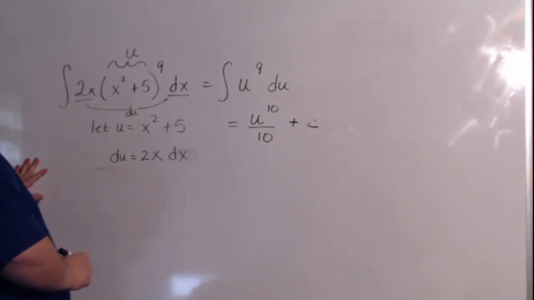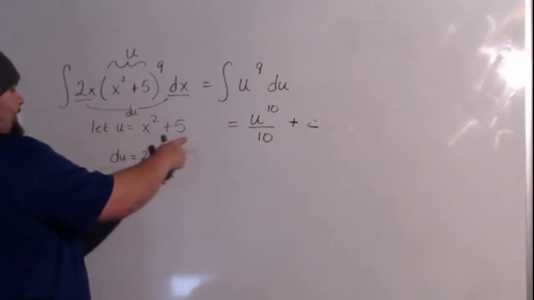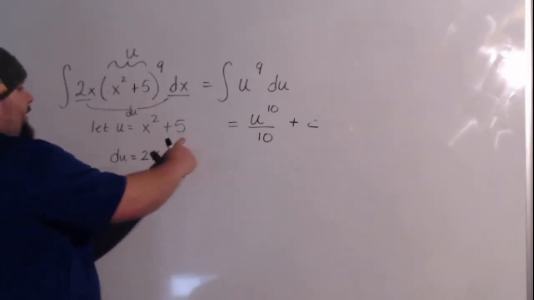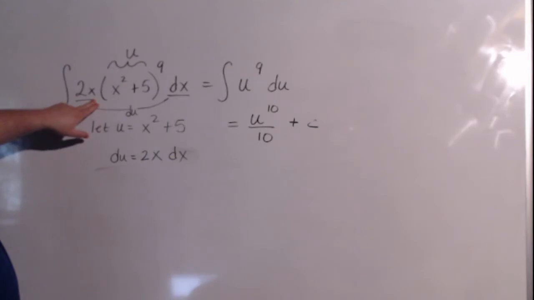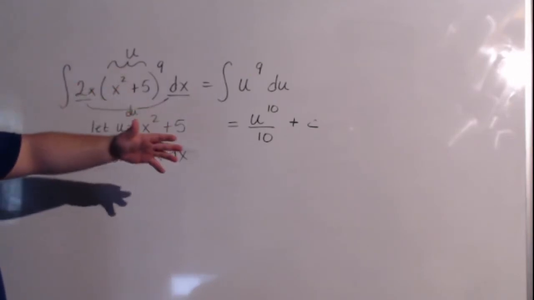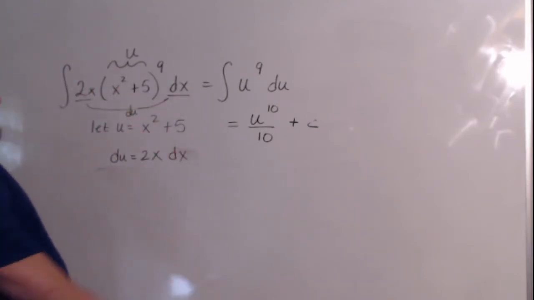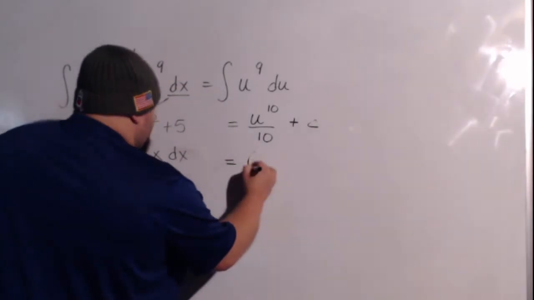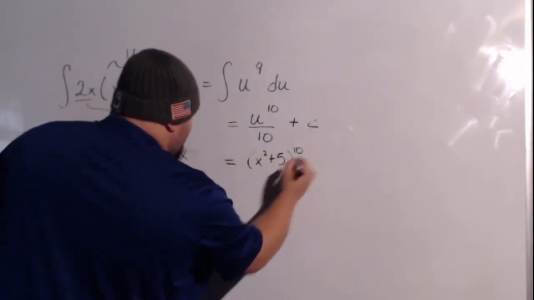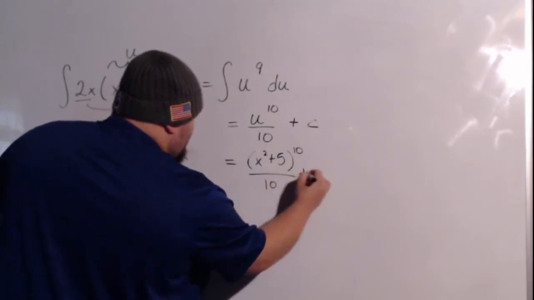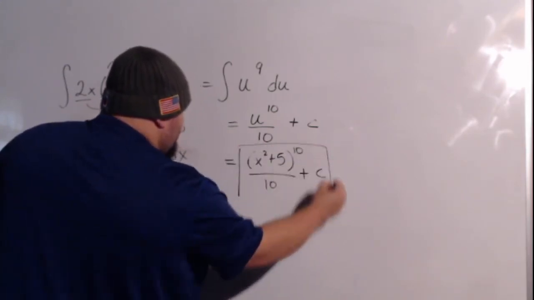The last step is to take whatever we set u equal to and plug it back in. Our problem started with x's, which means it should end with x's. So this is now (x squared plus 5) to the 10th all over 10 plus c.